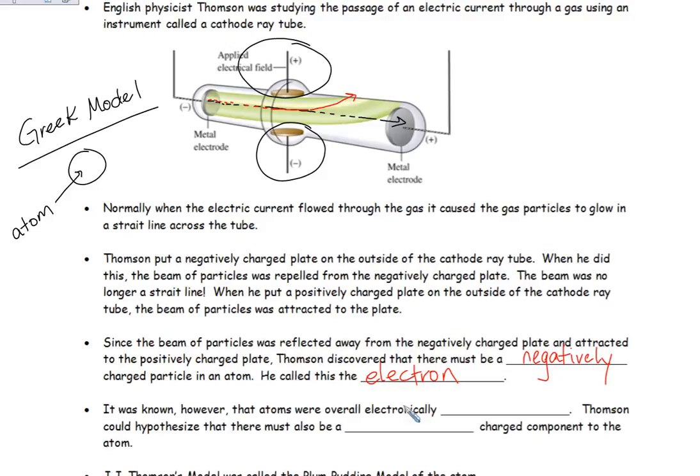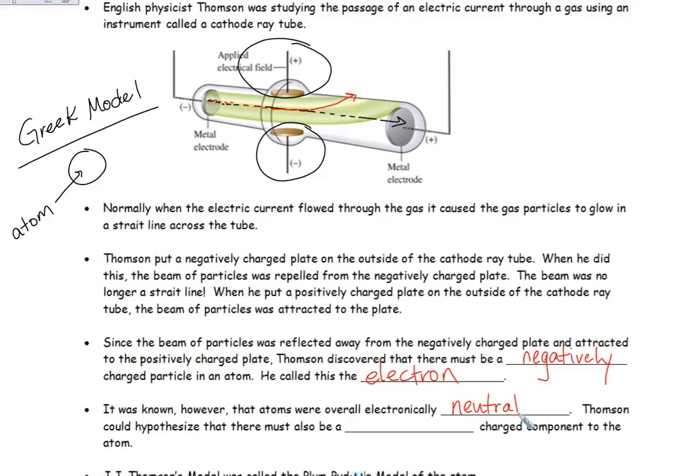Okay, so now we're not going to argue with the fact that atoms are overall neutral. That was a known fact. That could also be tested at this time. The overall atom was neutral, electronically neutral, which then led Thomson to start thinking, okay, I've got some evidence here that there's probably some negative component to the atom, and this also makes some sense now.